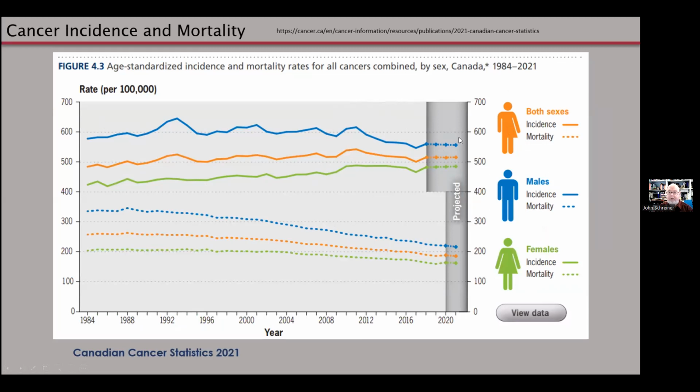So some of this increase isn't that there is more disease, it is just because we are getting better at actually diagnosing it. But if we look at mortality, people who are dying from the disease, with time, that has been decreasing. And that's because many of our treatments, including radiation therapy, are quite effective in treating the disease.